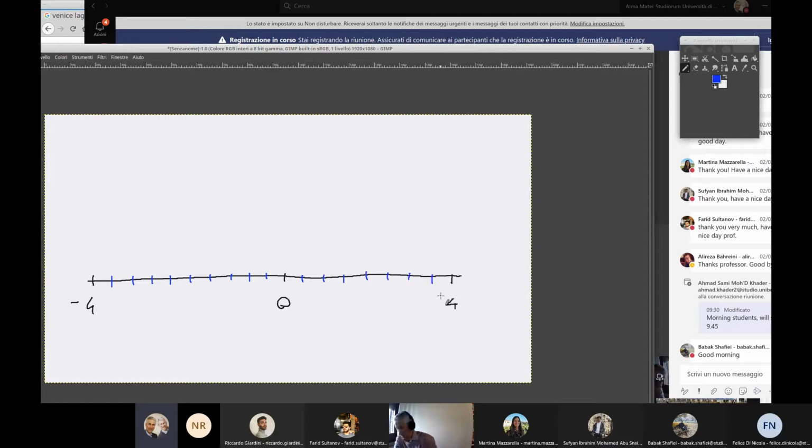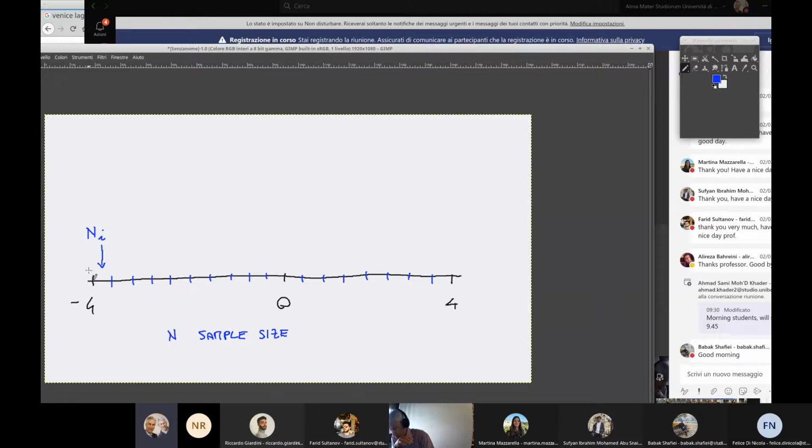Okay, perfect. And for each interval, I have to compute the number of observations that are inside each interval. And the total number of observations is n. N is the sample size. Sample size is the terminology that we use to identify the number of observations that we have.